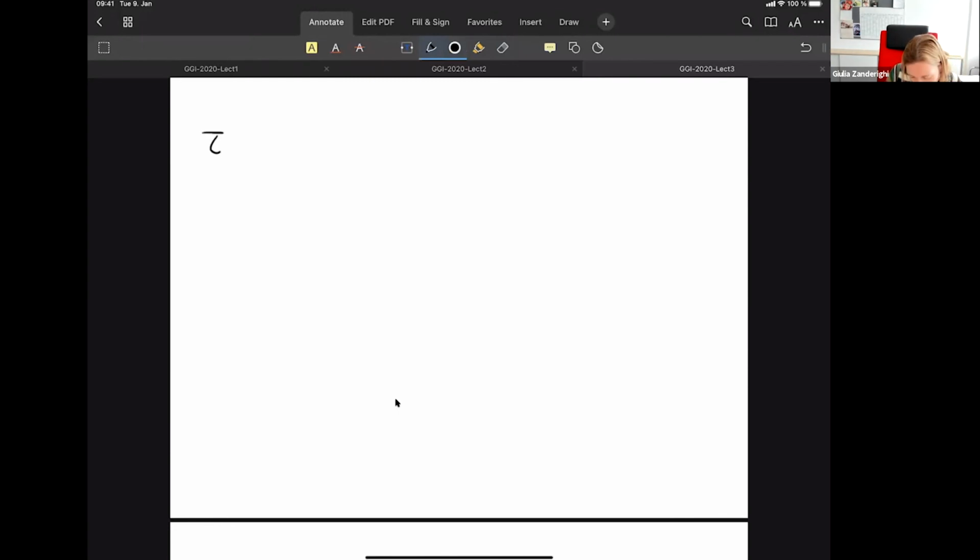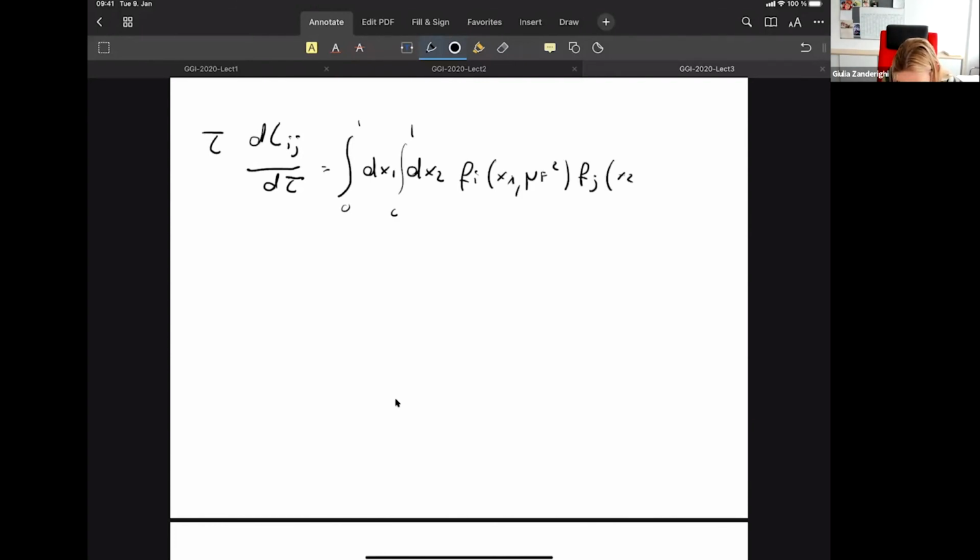Luminosity, typically called L_ij. This could be, say, the gluon-gluon luminosity or the quark-quark luminosity. This is defined as the integral in dx1, dx2, and they always go between 0 and 1, of F_i(x1) at the given scale, F_j(x2) at the given scale, times delta of tau minus x1 x2.